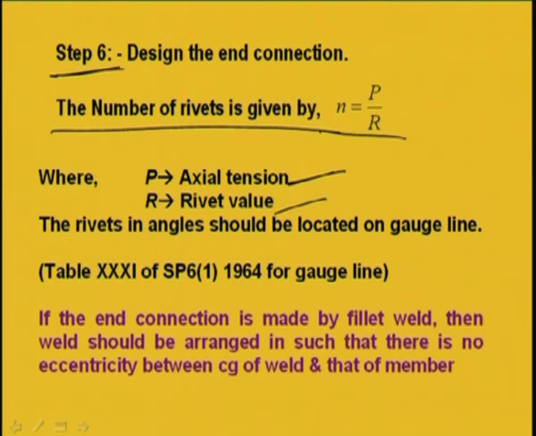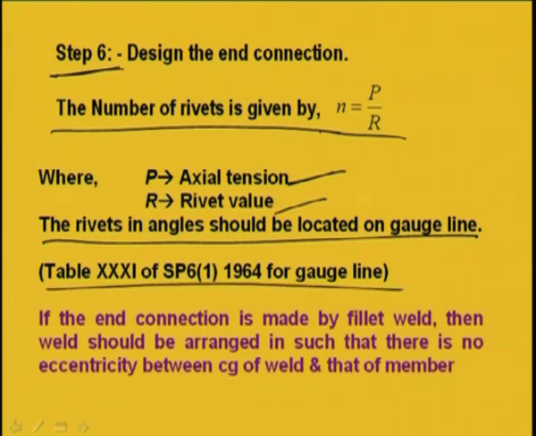So, the rivets in angle should be located on gauge line. That was also given in the code in SP6 1964, the gauge line. That means, what are the gauge line, what are the edge distance, all the details have been given in the code, and as per that we have to follow. So what we have done here, once we found the number of rivets, as per the codal provision we can find out the gauge line and we can make accordingly.